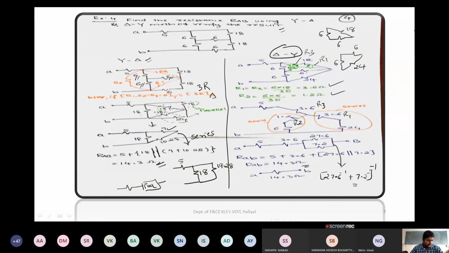So we have another 5 minutes. Okay. Sir, please repeat step 3, sir. In this problem. Step 3, sir. Yes, sir. Step number 3. Okay. Yes, sir. Which one? Y to delta or delta to Y? Sir, it's below parallel, no, sir. Third one. No, left side or right side?